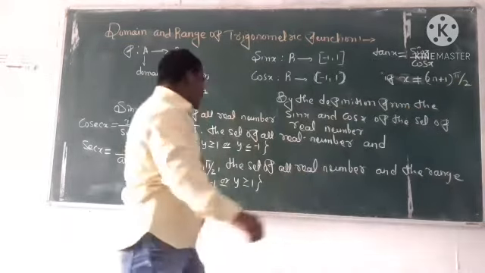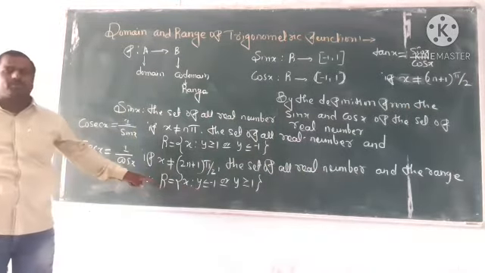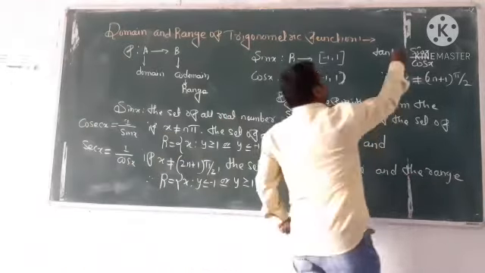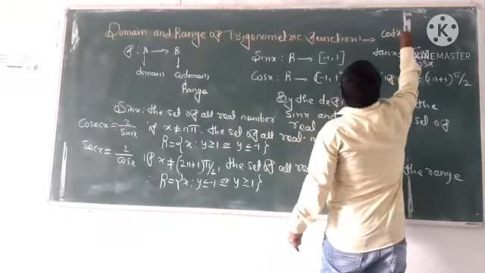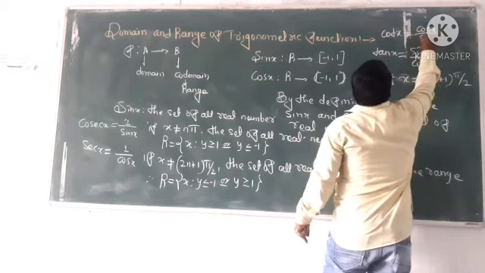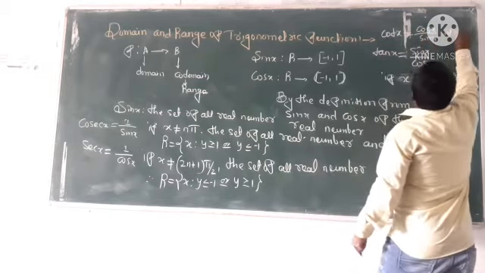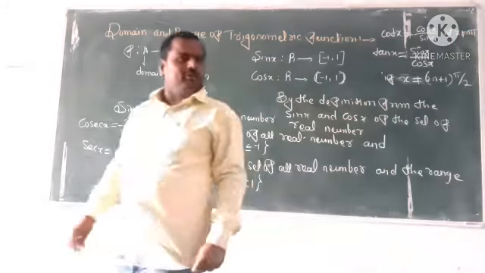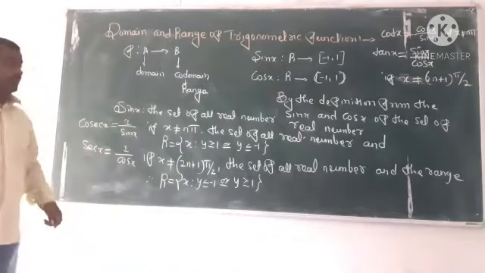Already we described these values. So let's discuss tan x like that. Same for cot x. Cot x means cos x by sin x, if x is not equal to n pi. Clear? All the statements I have given to you in that part.